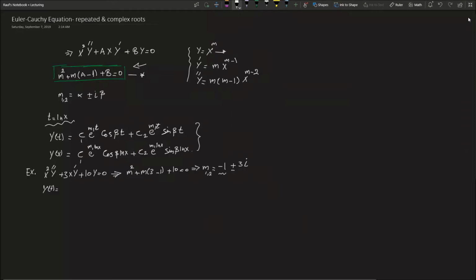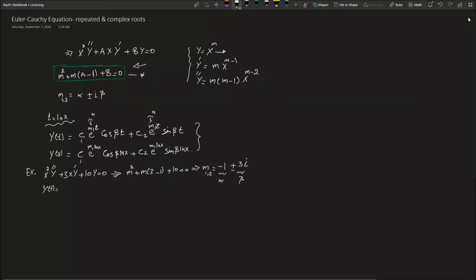So this is your alpha, which is common between m1 and m2, and this is the value for beta.